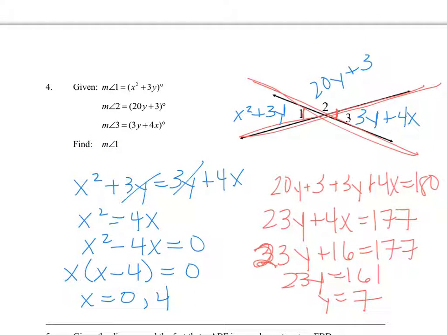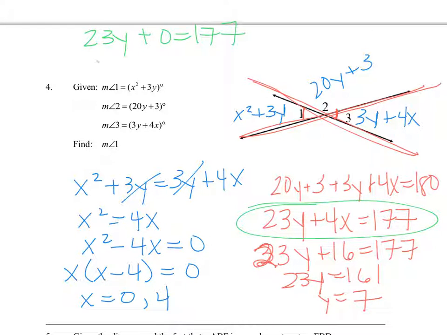If we consider the case where x equals 0, then it's a little bit uglier. I've got to do it up here because I'm running out of room. So if x equals 0 back in this equation, 23y plus 0 equals 177.